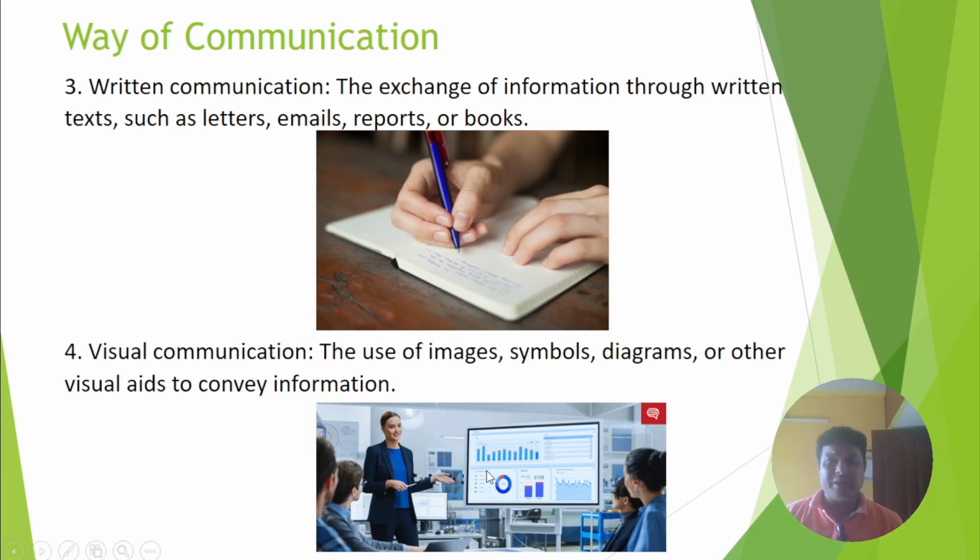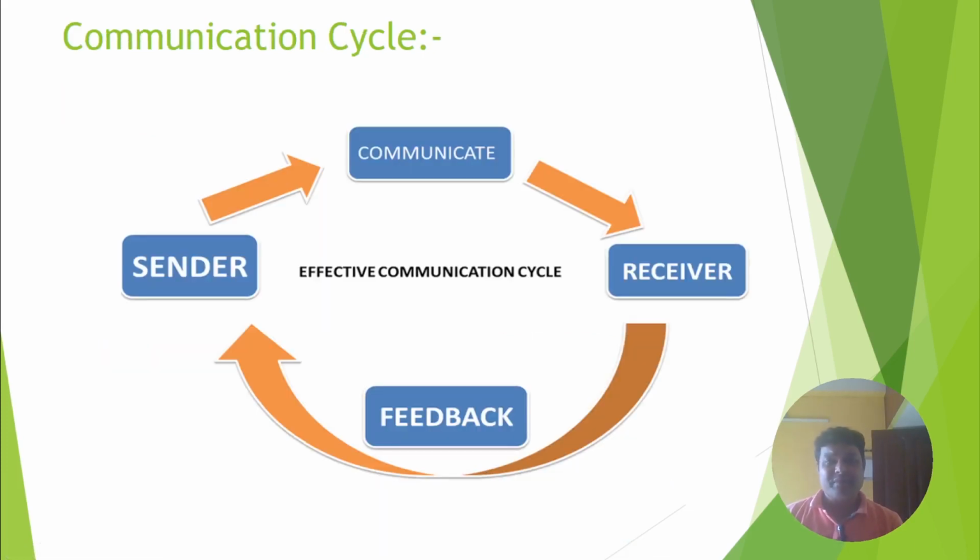And the next topic is the communication cycle. How does the communication cycle work? I have created a flow of communication like this pictorial scenery. One is the sender, who gives a message to the communicator.